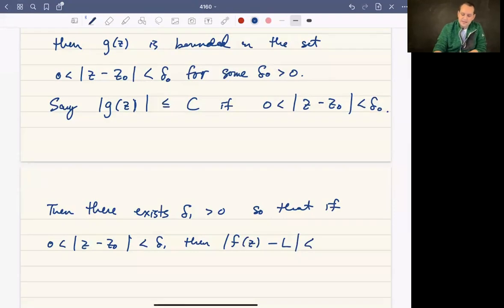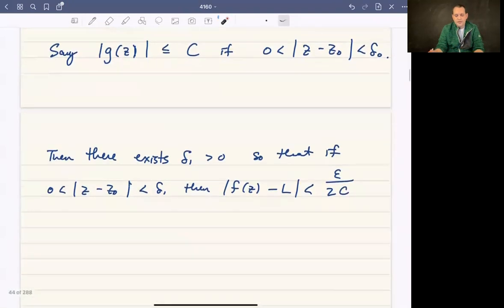I want it to be less than epsilon over 2c, where c is the maximum value that g takes in that open disk centered at z naught. I can pick whatever positive number I want here, so I pick this one. That's the first thing.